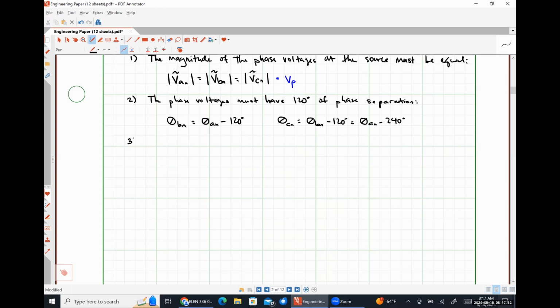So now we're going to talk about our transmission line impedances. Okay. So in order for our transmission line impedances to be considered a balanced network, the impedances of our transmission lines have to be equal. So write that down.